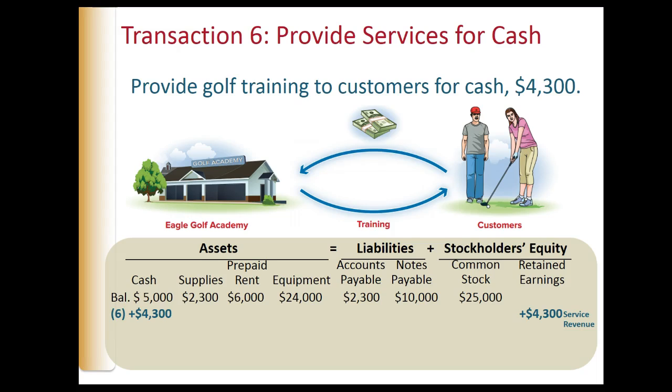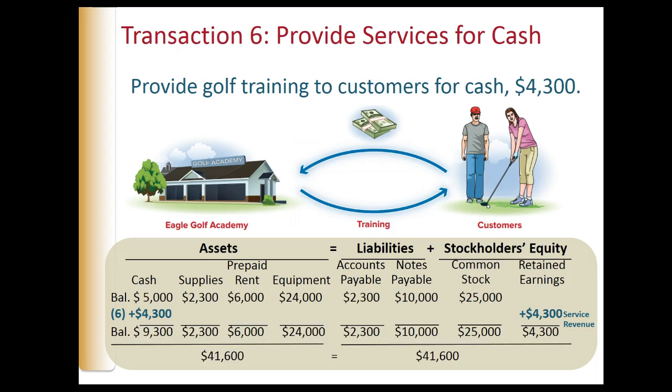Notice that an increase in service revenue increases stockholders' equity by increasing the retained earnings account by $4,300. Now, the accounting equation is still in balance because cash, or the total assets, increased $4,300 and the retained earnings increased $4,300.